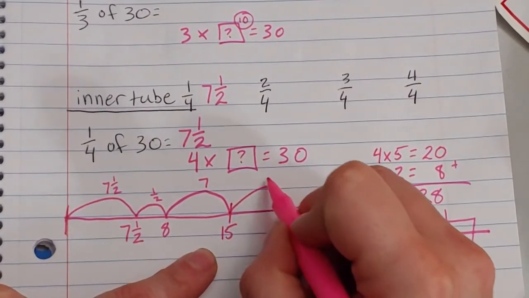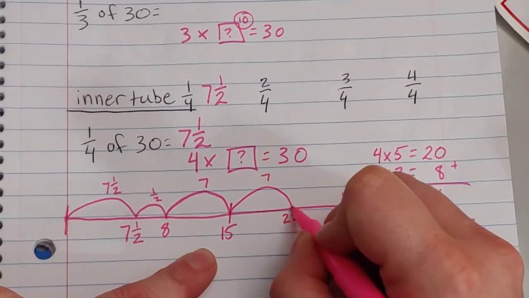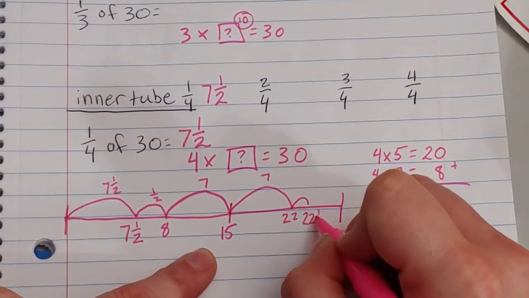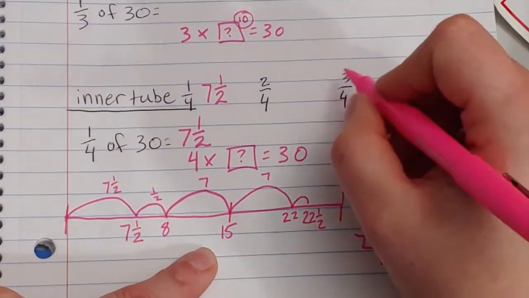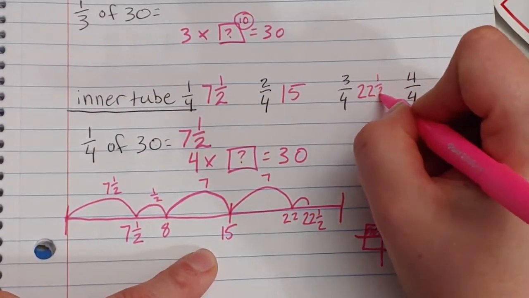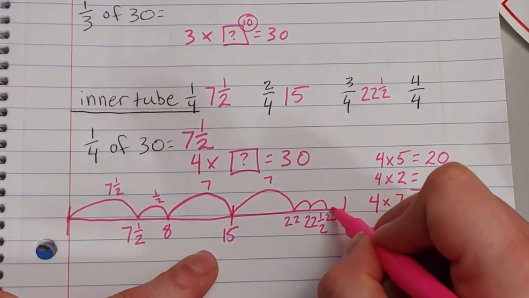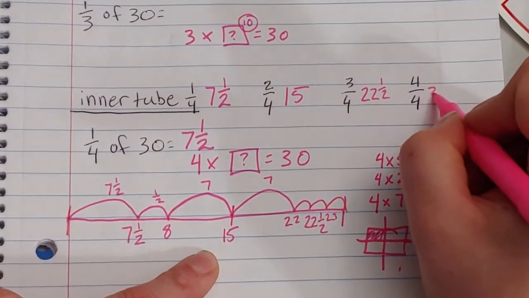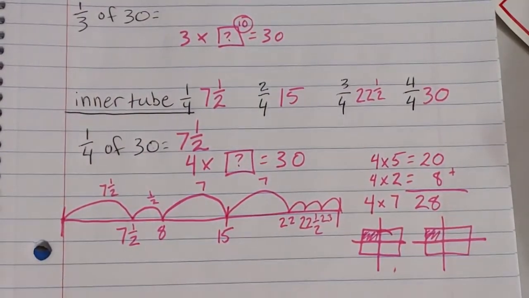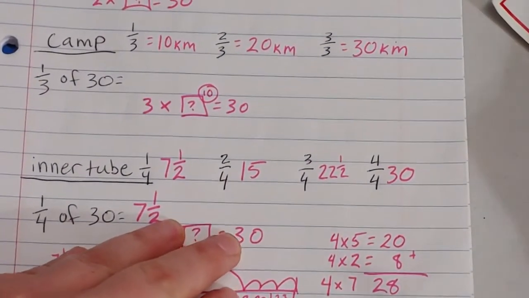Add this next 7. Gets us to 22 plus the half, 22 1/2. So 15, 22 1/2. Just to make sure we're right, we'll add the other half, so that puts us to 23, and then to 30. All right, I gotta turn the page, because I'm out of room, again.